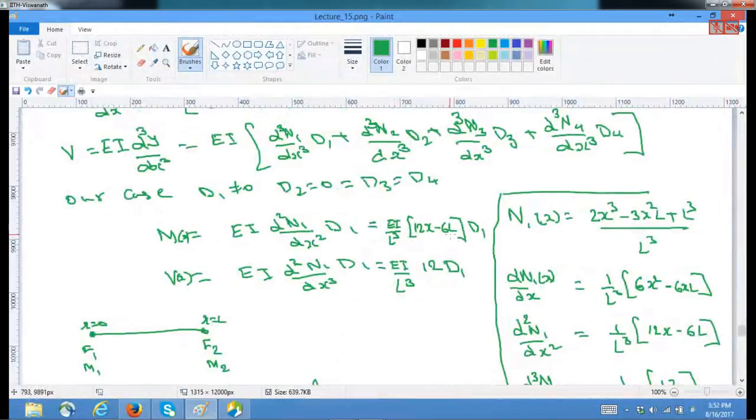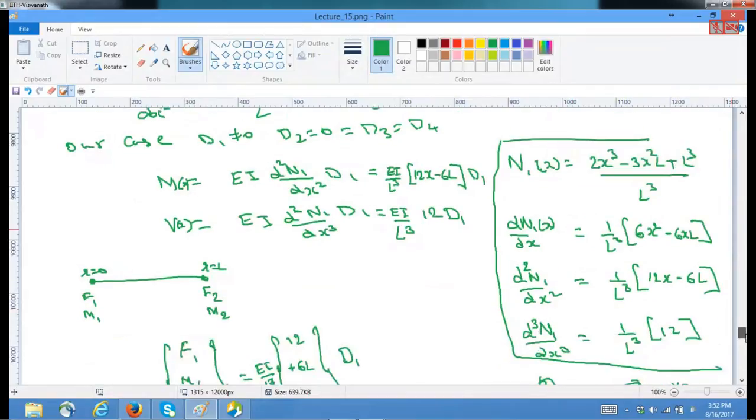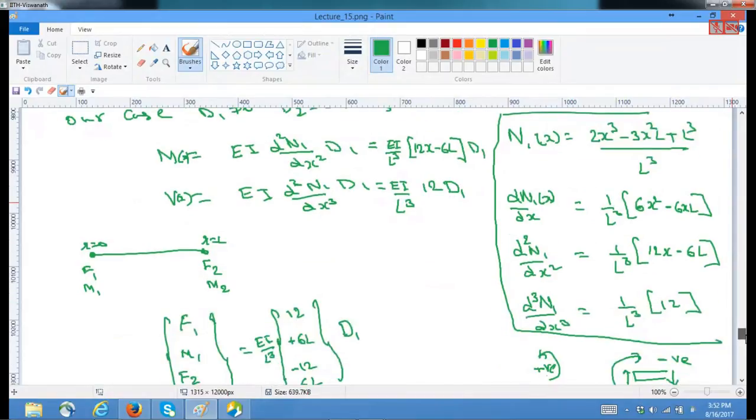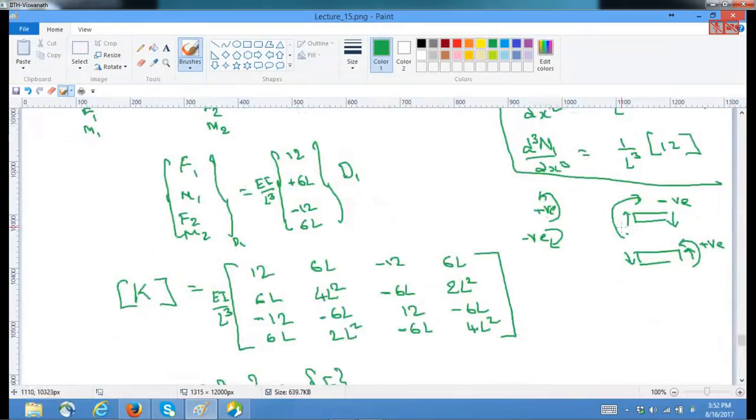To minus d1 times. So when I substitute at x equals 0, I'll get this as minus 6l d1, but my convention is such that the sagging moments are positive.